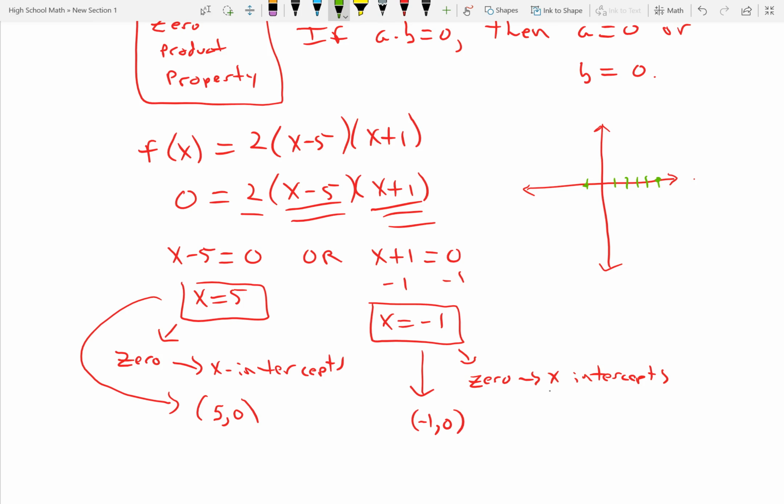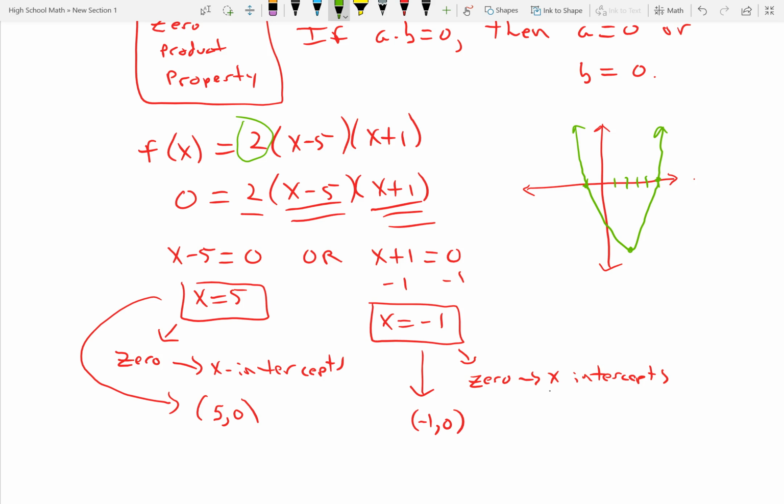Now I have this parabola. It's going to open upward because this value is positive, and it's going to go through those 2 points. Now it would just be a matter of having one other point. You could specifically find this vertex like we talked about before, this x equals negative b over 2a, but I'm just sketching this graph.